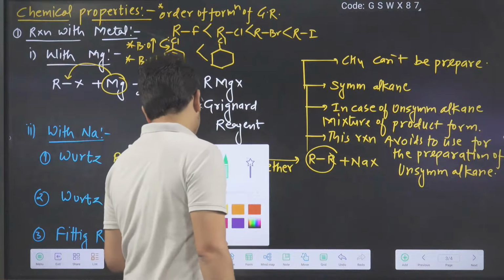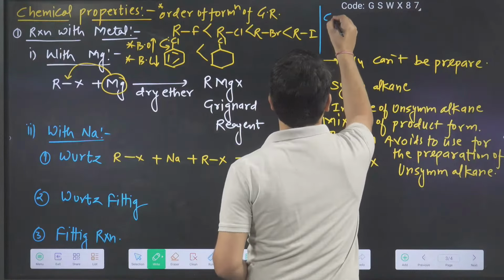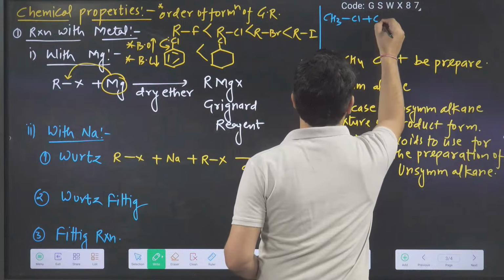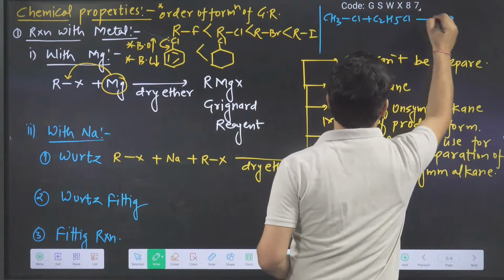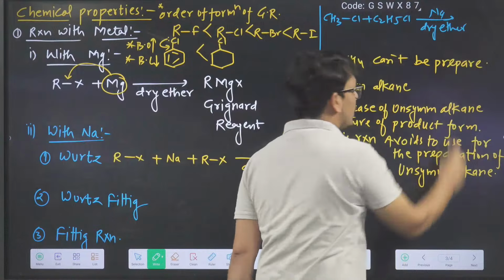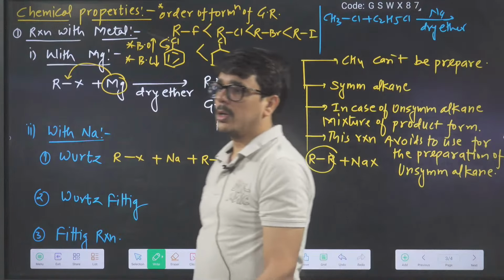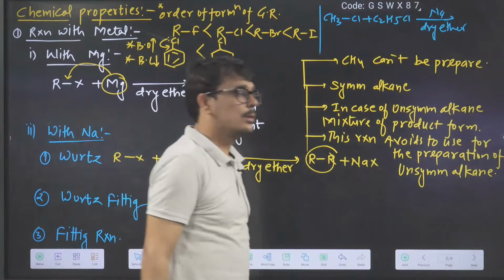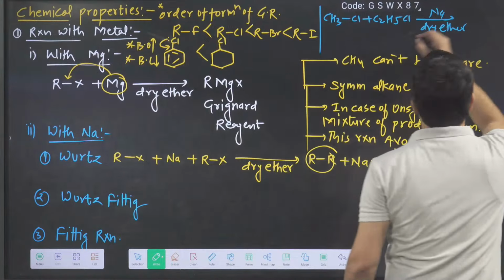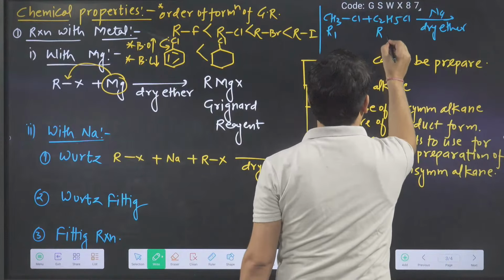So here directly I'm asking you one question, answer me. Let's say I'm having this question. CH3Cl reacting with C2H5Cl, and here I'm writing sodium and dry ether. How many total products will form in this reaction? Very good, 3. The first one, I'm writing CH3 as R1 and this one as R2.